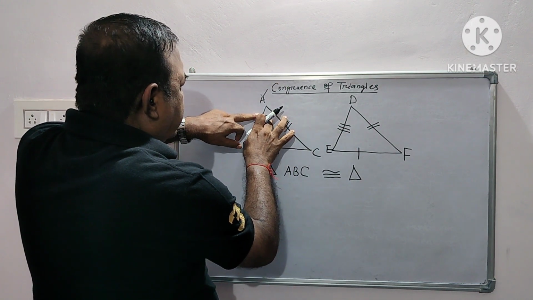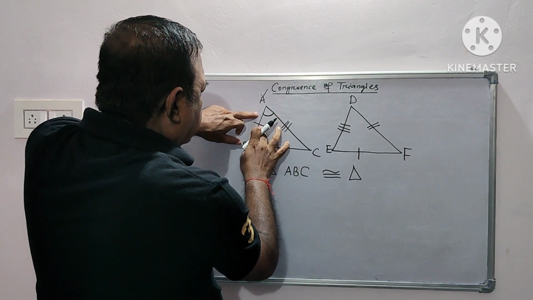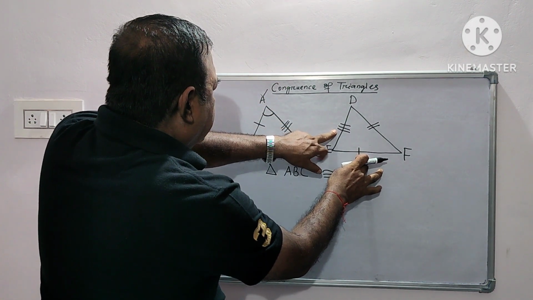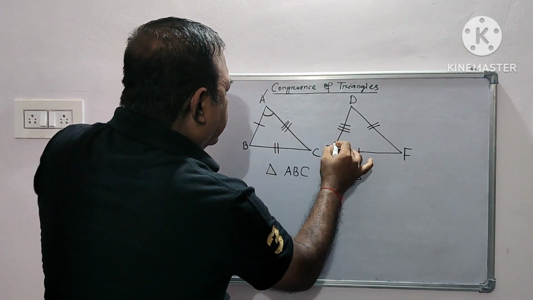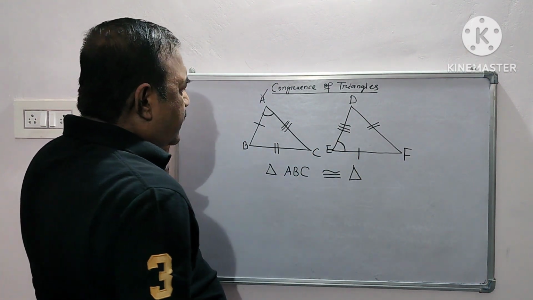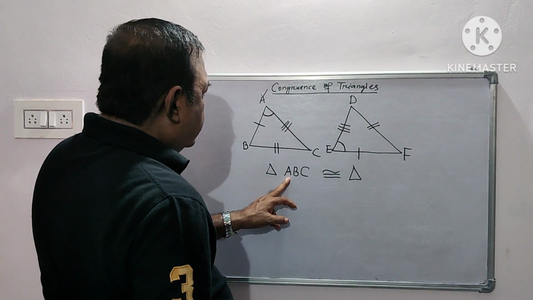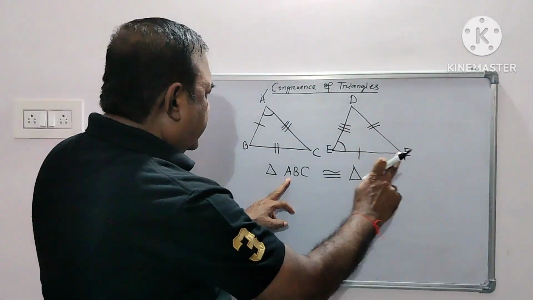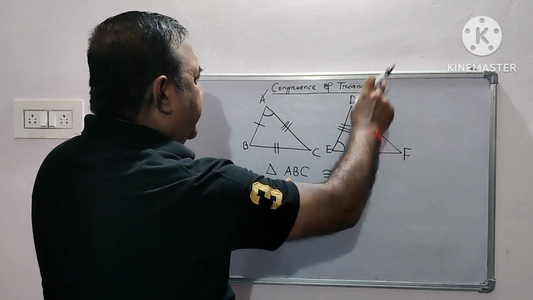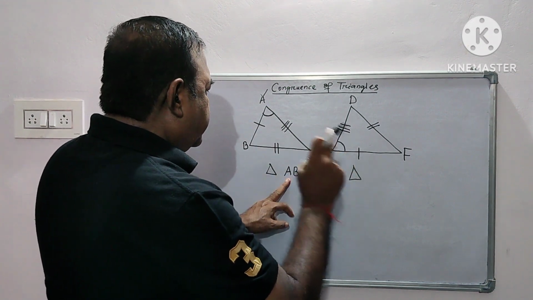So this is the included angle between these two sides. AB means EF, AC means DE. So this included angle will be this. So you cannot start here writing DEF. No. The vertex A should match to which vertex of this triangle? You cannot write haphazardly DEF, FED, EDF. No. The vertex should match.